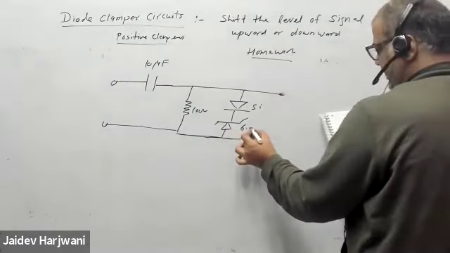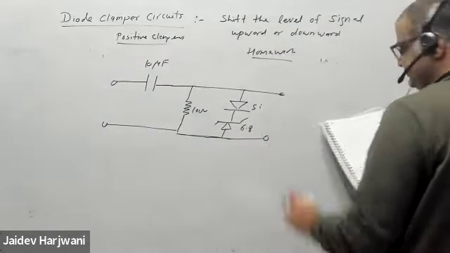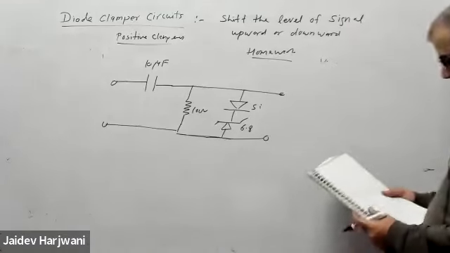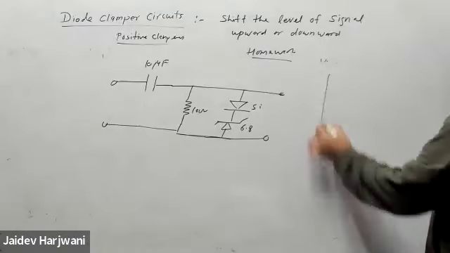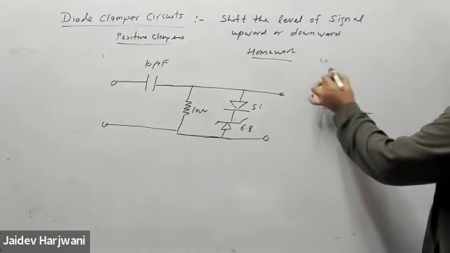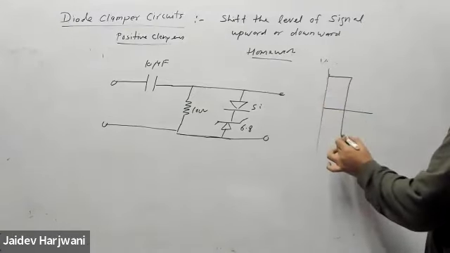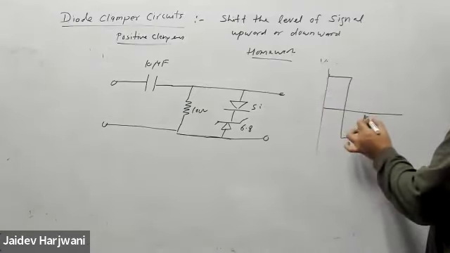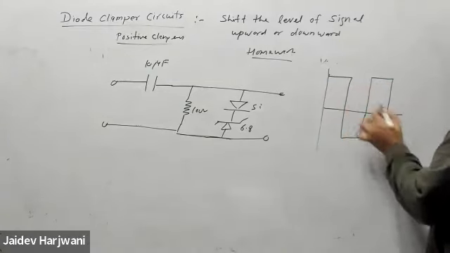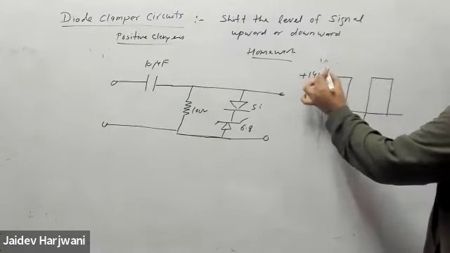This is 6.8. Okay. And V input is again a square wave. Minus 14 to plus 14. Plus 14. Minus 14. Plus 14 to minus 14 volts.